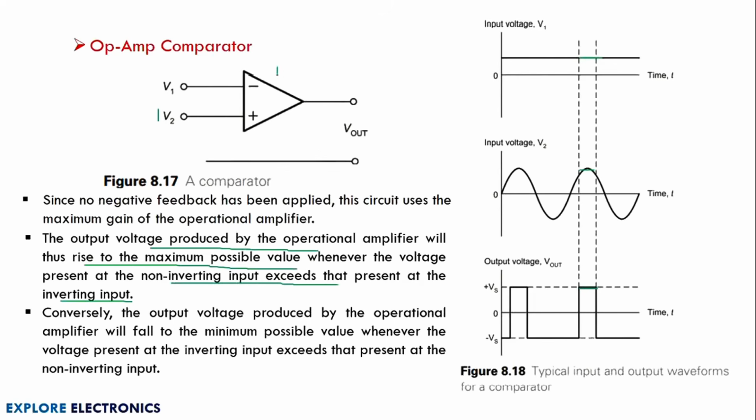Suppose we give a positive 7 volts as the power supply, it will reach 7 volts irrespective of V1 and V2, right? It reaches the maximum value. Similarly, for a balanced power supply, we provide minus 7 volts. When V2 is less than V1, it will reach minus 7 volts. This is how we can use an op-amp as a comparator.